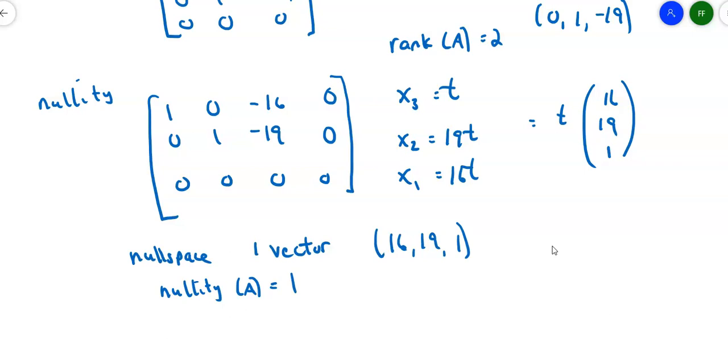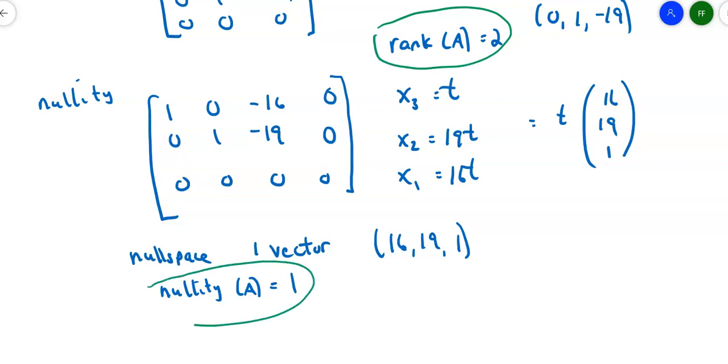Now you notice something. Up here, we said the rank of the matrix is 2. Here we said the nullity was 1. And if you look at the number of columns in the original matrix way up at the top of your screen, there were 3 columns. So it's not a coincidence that if I add the rank of a matrix plus the nullity of a matrix, that'll give me the number of columns.